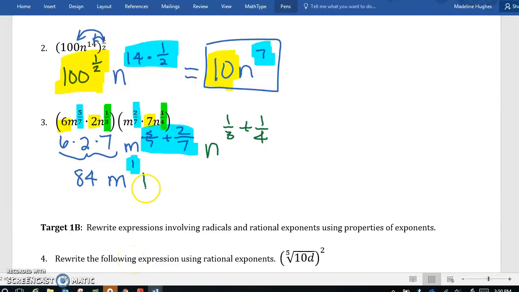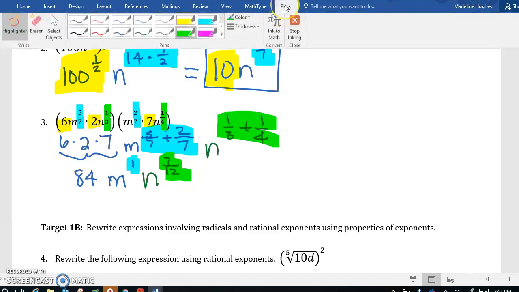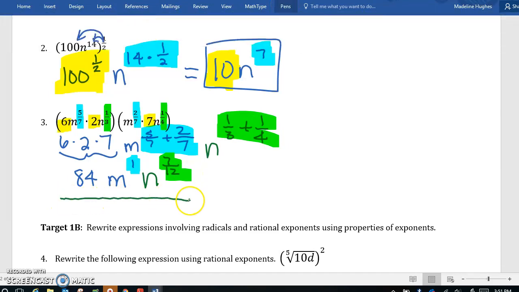So here we have n to the 7/12 power. Everything highlighted in green. So that's 84 m to the first, n to the 7/12. That's our answer.